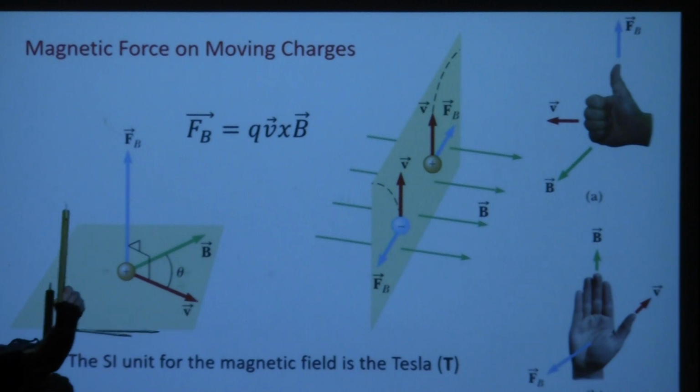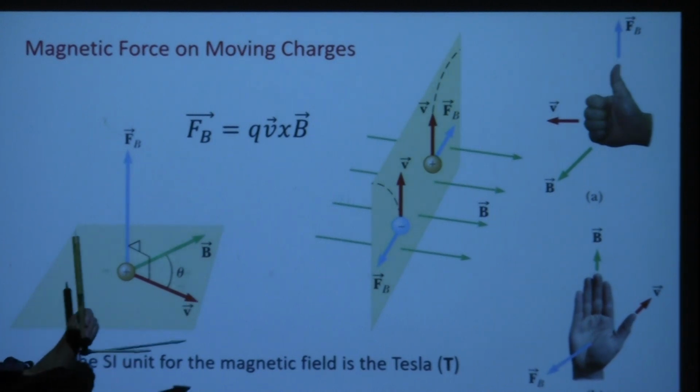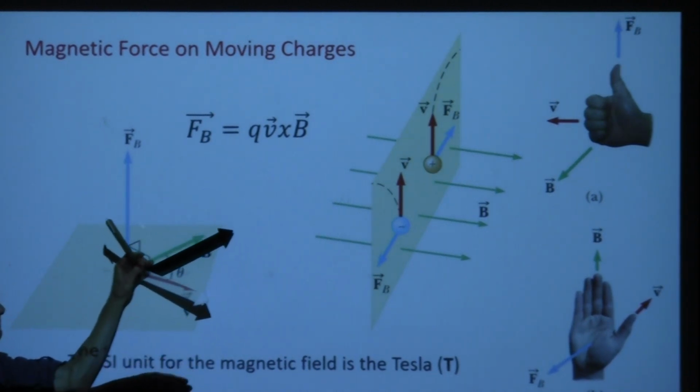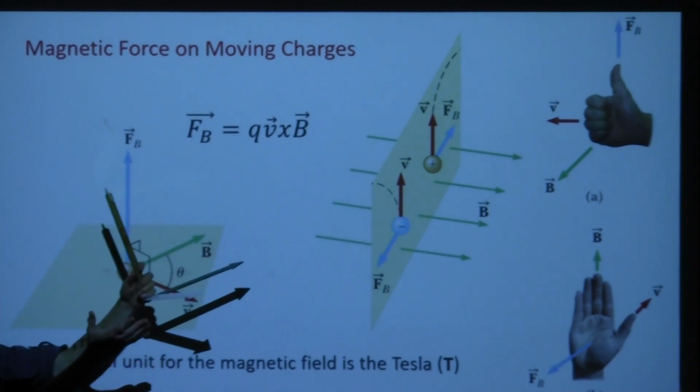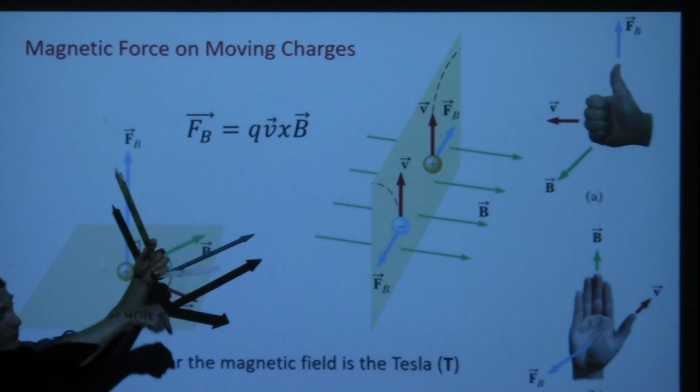Now, consider that once you determine V and B and what plane it's sitting in, then you can determine what the force is by, it could be either up there or it could be down.